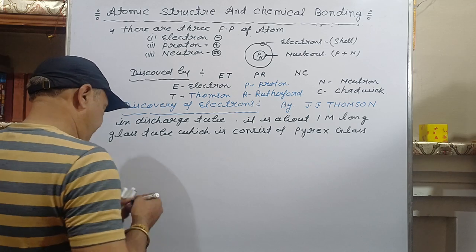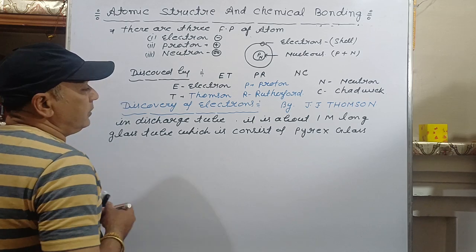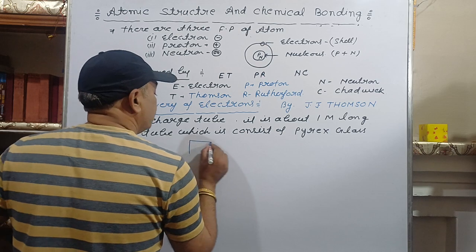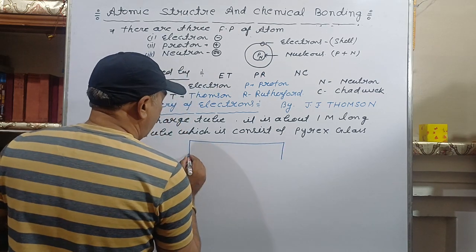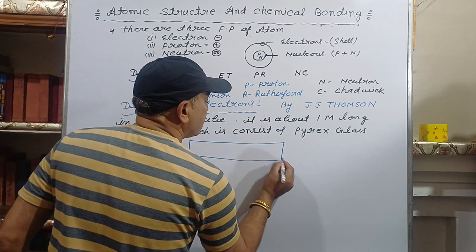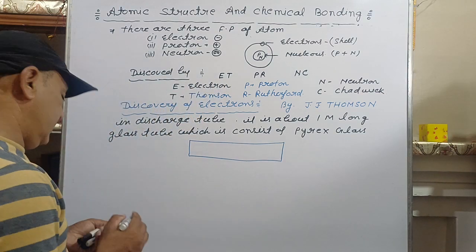Suppose this is the discharge tube. It is about 1 meter long and made of Pyrex glass.